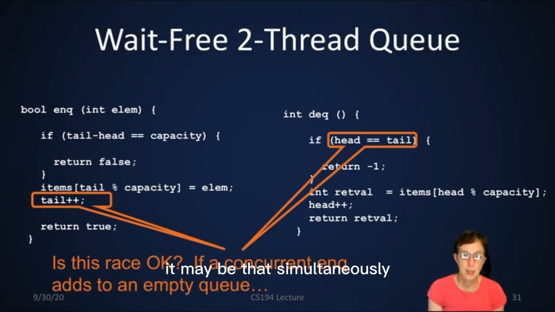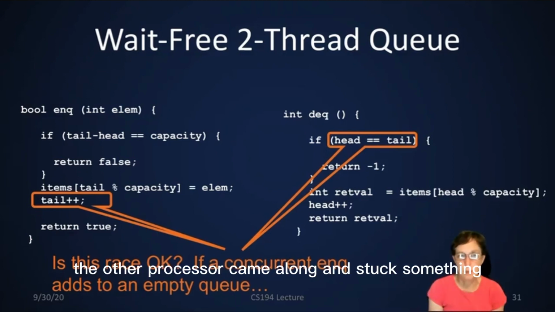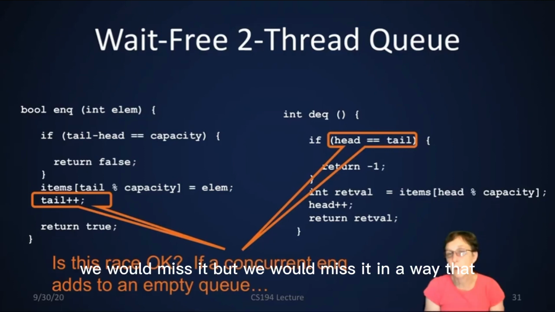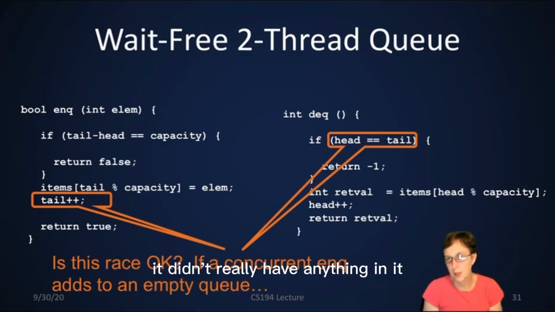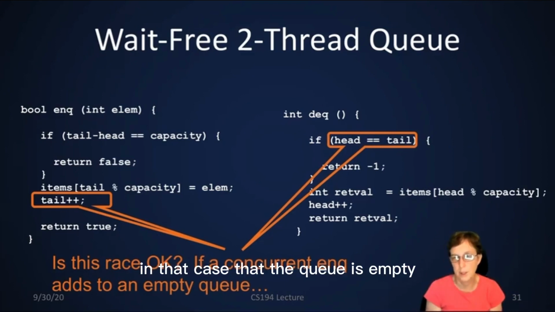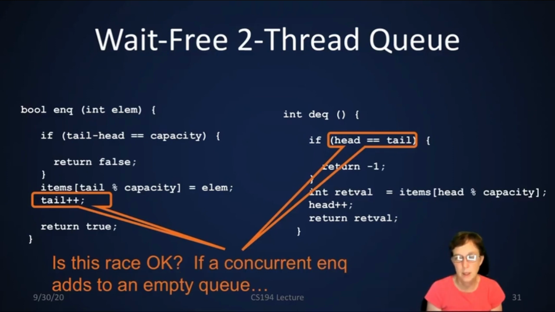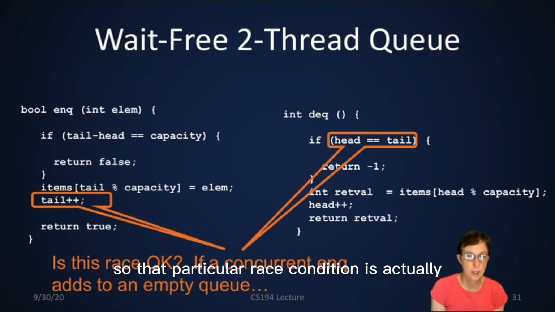It may be that simultaneously, right after doing this test, the other processor came along and stuck something in the queue, and we would miss it. But at the time that the method ran, it didn't really have anything in it, so it's fine to return -1 in that case, that the queue is empty. So that particular race condition is actually not a problem.